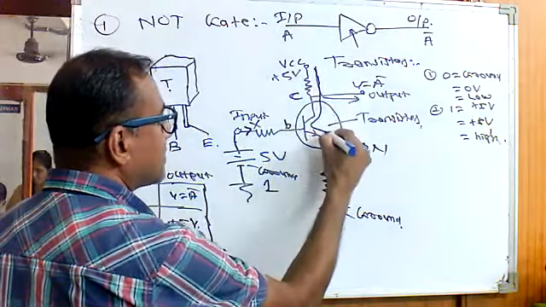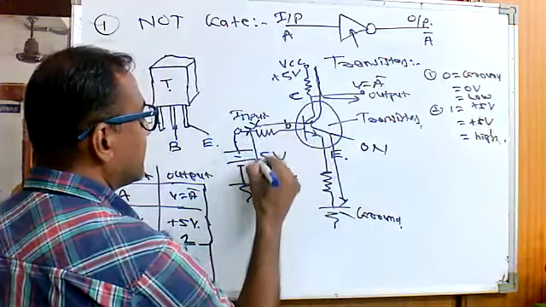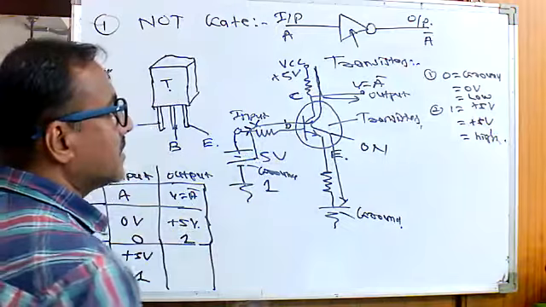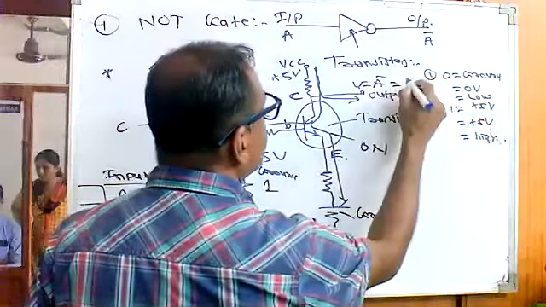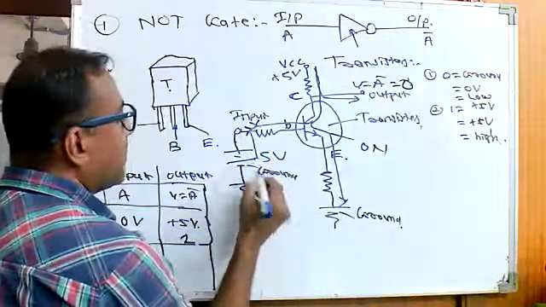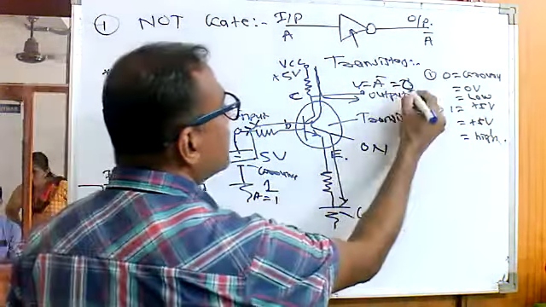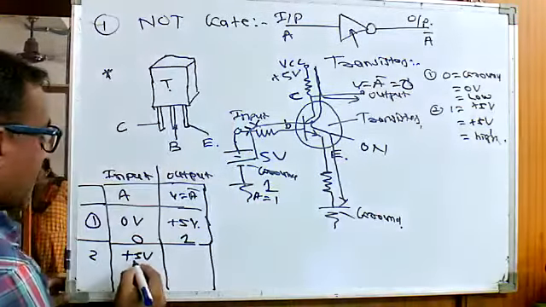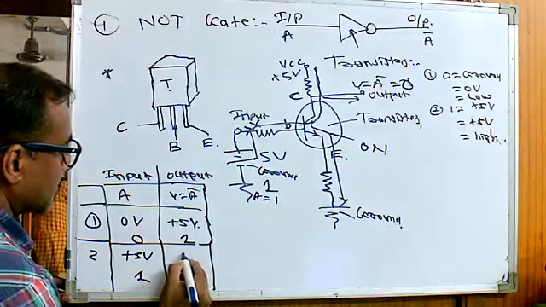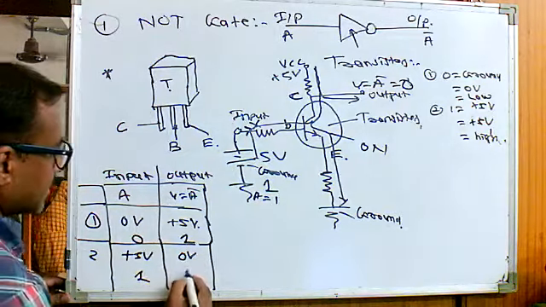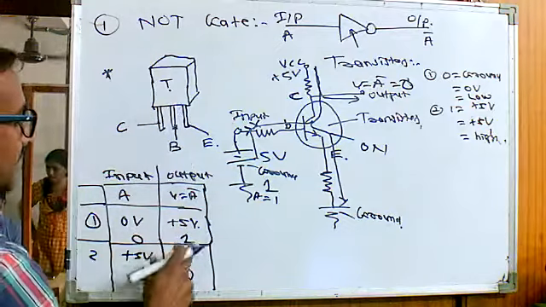So the input signal is 1, A is equal to 1, so the output is 0. When plus 5 volt is applied as the input signal, the output is 0. So the transistor works as a complement.